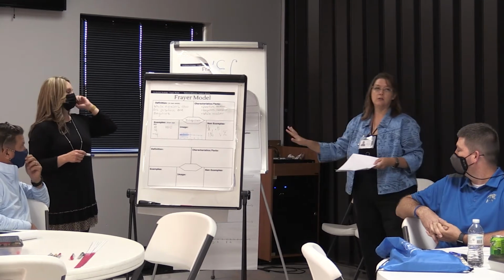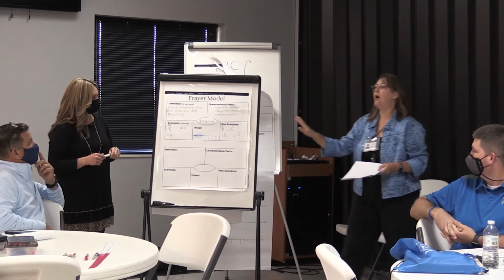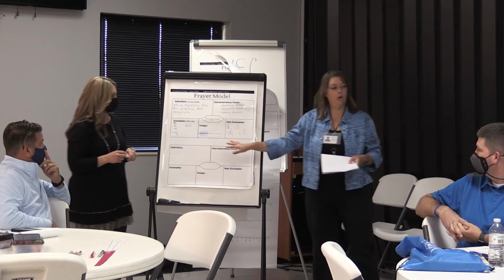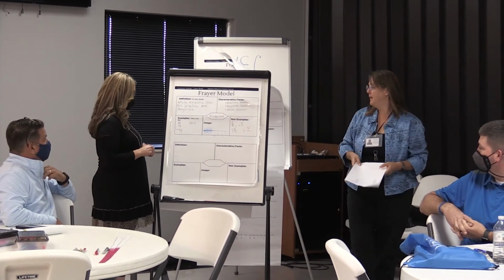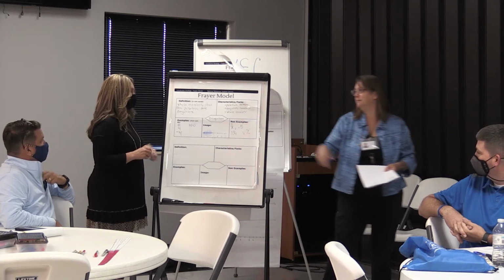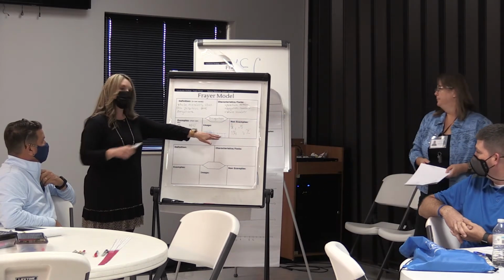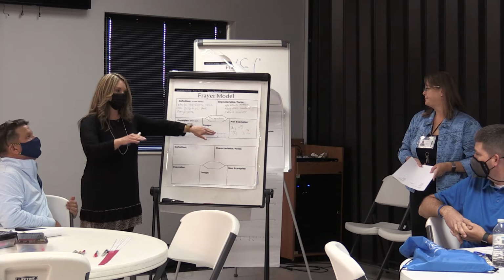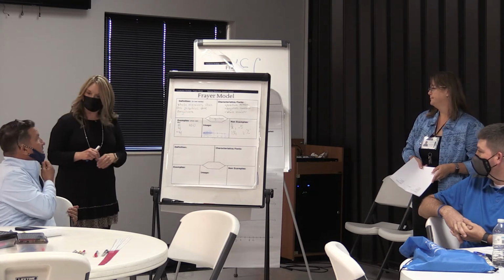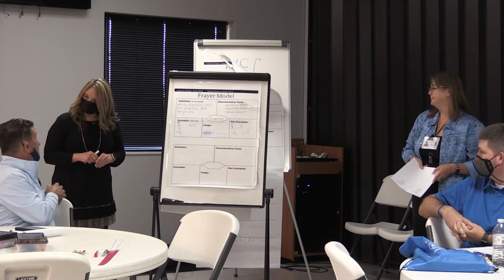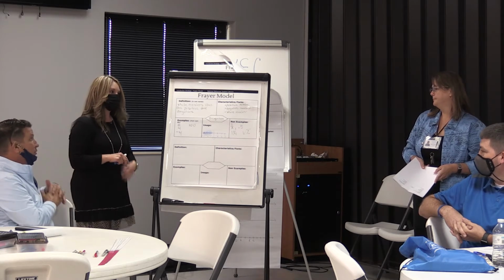I love Frayer models for mathematics because it gets all the components for teaching vocabulary that our students need for mathematics, especially when we added this image line in. And so I like that part because my students that are visual learners, but all students, that visual helps me connect back to that. You have LD kids in there that may have auditory processing problems, that visuals are real. Absolutely.